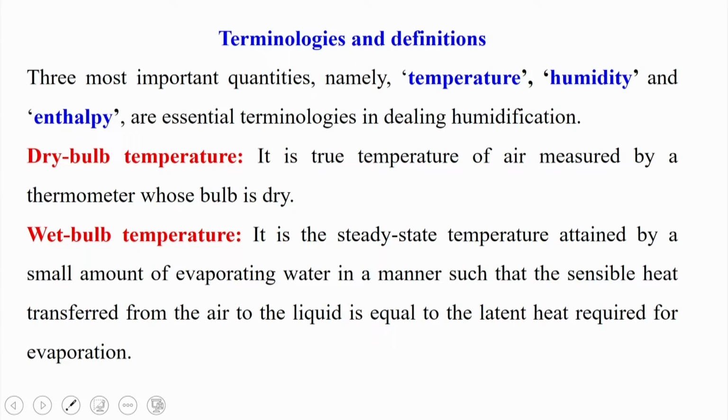But in case of wet bulb temperature, it is the steady state temperature attained by a small amount of evaporative water in a manner such that the sensible heat transferred from the air to the liquid is equal to the latent heat required for the evaporation. In wet bulb temperature measurement, the bulb is wrapped with a wick and it is dipped in water, and when the steady state is attained, some amount of the liquid water is evaporated and the wet bulb temperature is obtained.